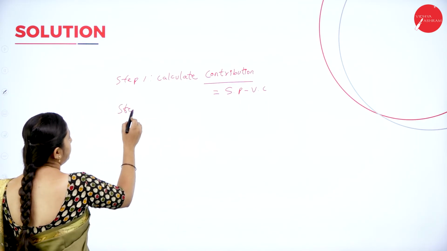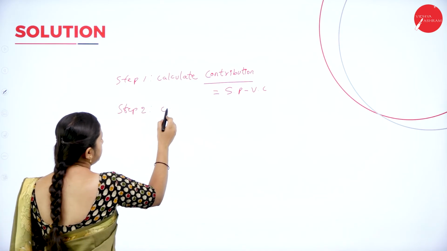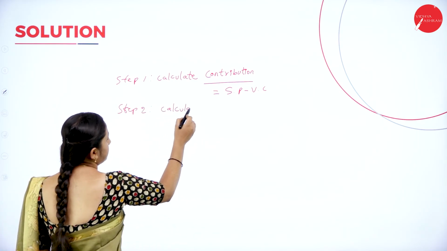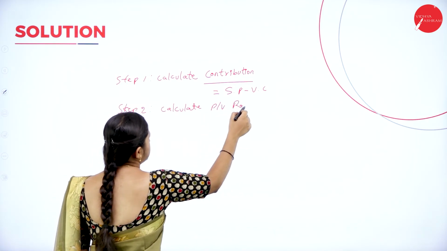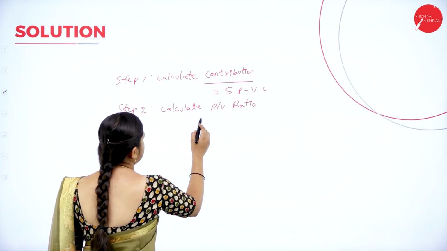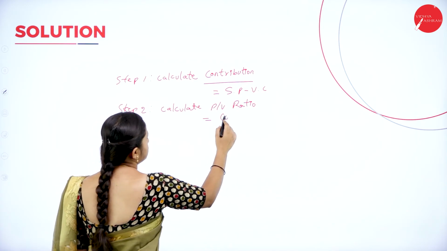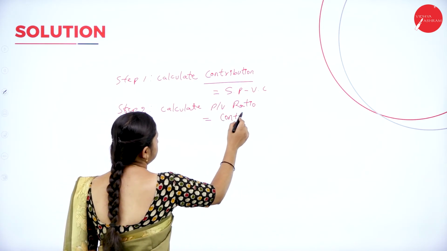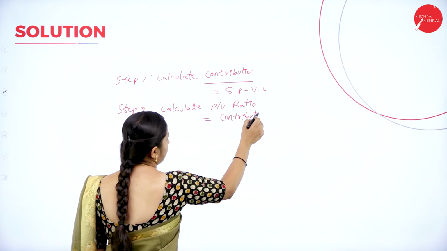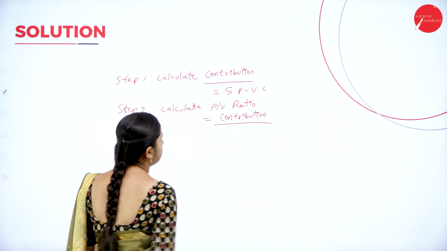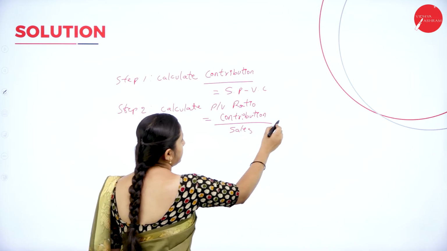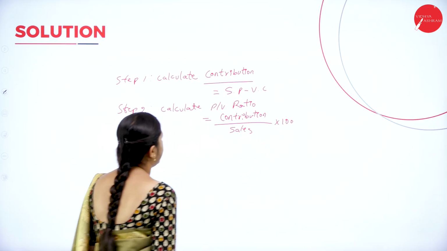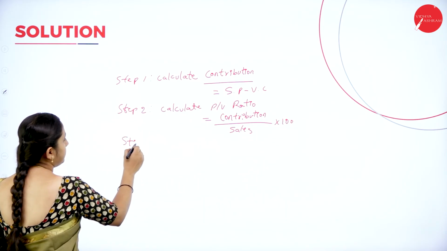Next, step 2, calculate PV ratio. PV ratio is equal to contribution divided by sales into 100.